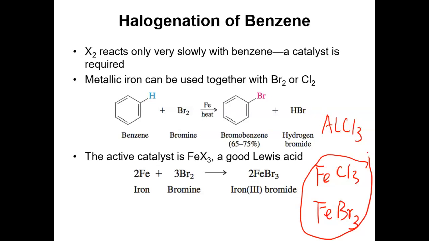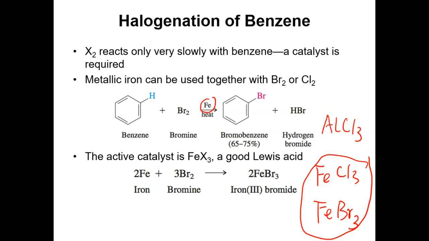And even better, you can simply throw some iron powder into your reaction mixture. Because iron powder can directly react with chlorine or bromine and give you the iron 3 bromide or chloride in situ, just on site.